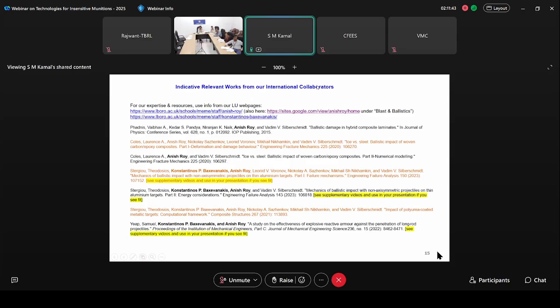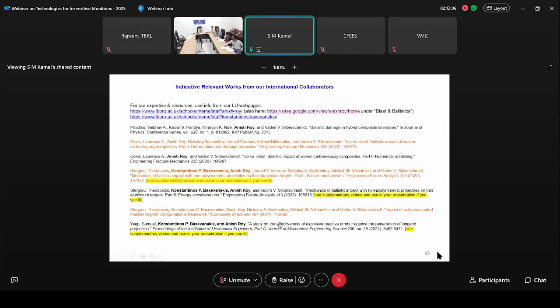Our international collaborators also have expertise in modeling ballistic impact. Recently they worked on a study of the effectiveness of explosive reactive armor against the penetration of long rod projectiles, which is directly relevant to this proposal. These are some indicative relevant works from our collaborators.